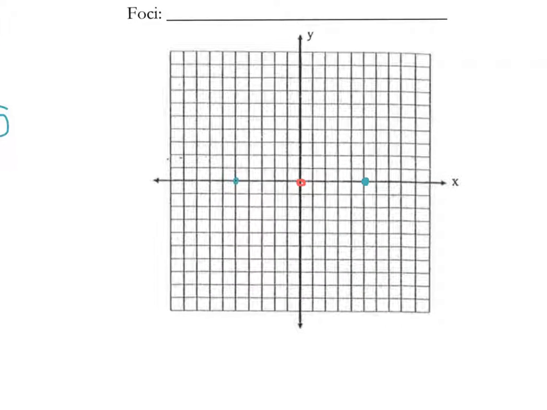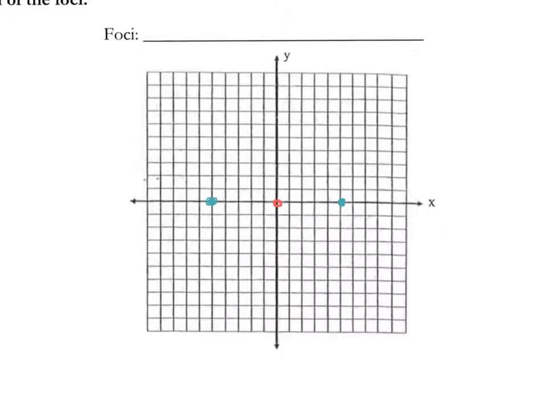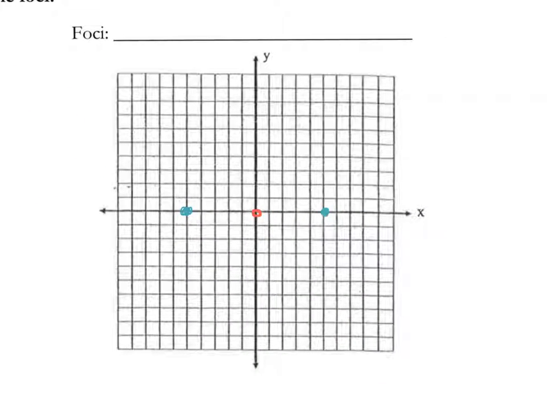And so we move out 5, and that's where our dot goes. The second fraction tells me that I am moving up and down 7. So I'm going to do that, but this is going to be a dash. 1, 2, 3, 4, 5, 6, 7.